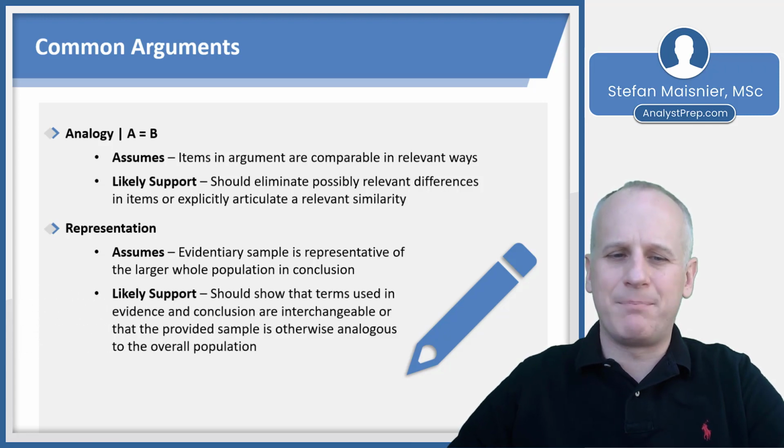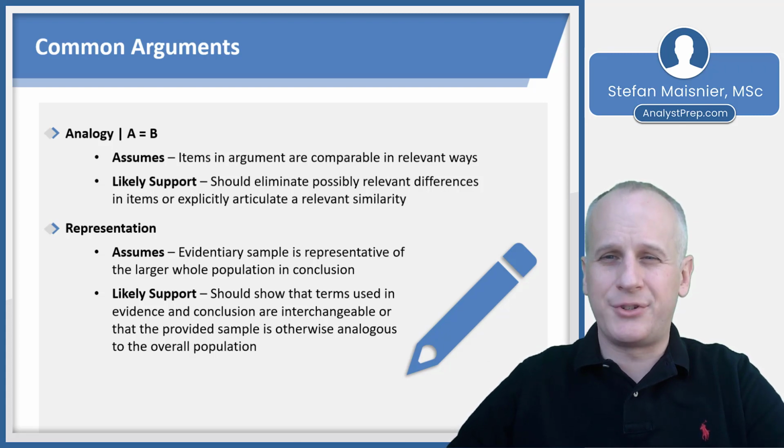So your likely support for any argument that is based upon a representative sample should show that the terms that are used in the evidence and the conclusion are interchangeable, so that you don't have a subtle term shift that actually isn't necessarily related, or just broadly show that whatever your provided sample is somehow or otherwise analogous to the overall population. So you're saying, whatever my sample would reasonably be expected to represent, again, a larger whole.